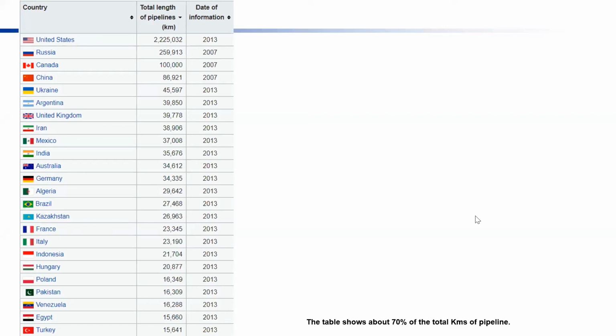We do have some issues where integrity management is not performed appropriately. But even with those incidents that we have had, it is still the safest way to transport hydrocarbons. So when we look at that table, I don't mean for you to add all those numbers.